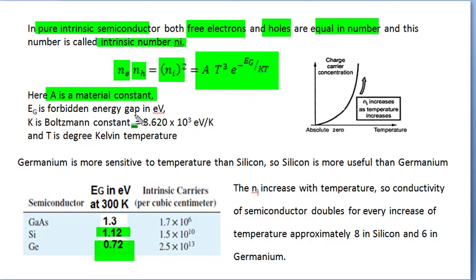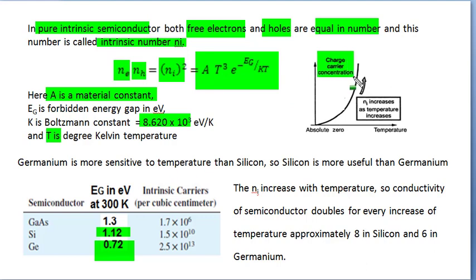Now this k is the Boltzmann constant, having the value in electron volt per Kelvin of 8.62 times 10 to the power minus 5, and this T is the temperature in degrees Kelvin. You can see, if you increase temperature, whether it is this T cubed factor or this negative exponent, this number will increase.